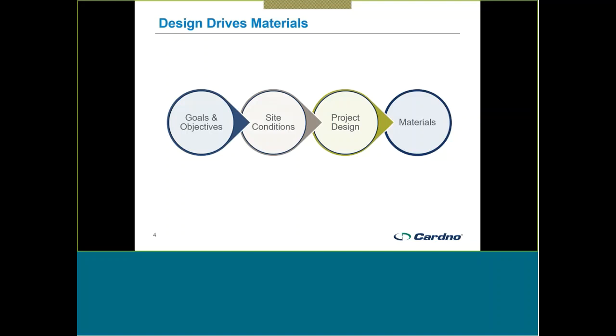But okay, we know what we want to do, we know what the problem is, or we think we do, but how are we going to fix it? So our design is really our solution. And that really drives the selection of materials, because not all materials are suitable in all locations.